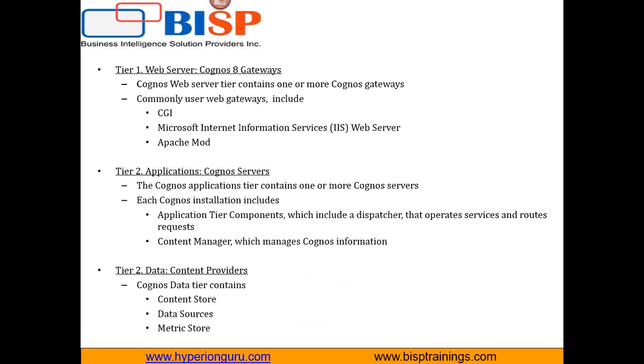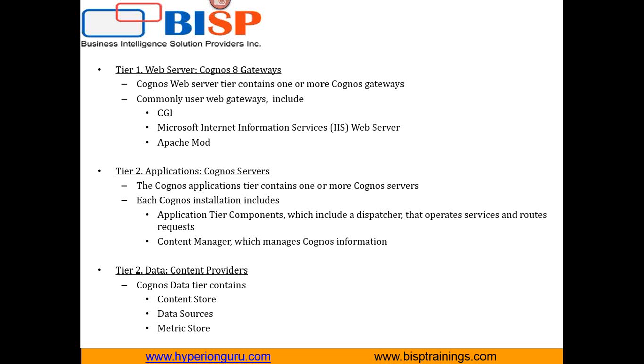The commonly used gateways are CGI, IIS (Internet Information Services), which is a part of Microsoft Corporation, and then Apache mod. These are the most common gateways used at the tier 1 level of the Cognos architecture.